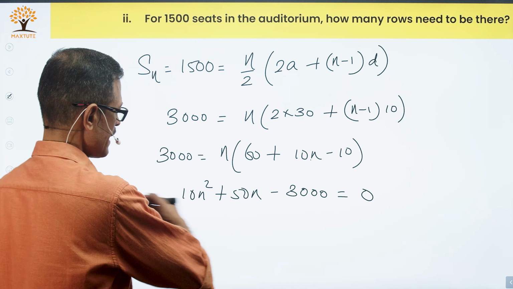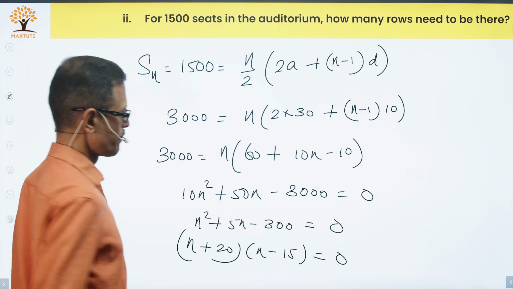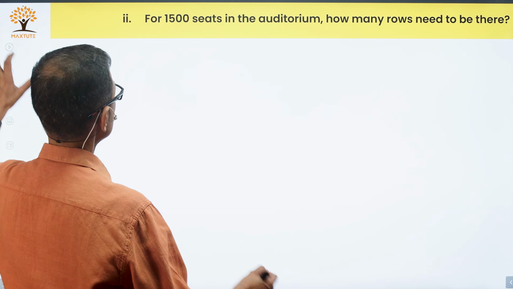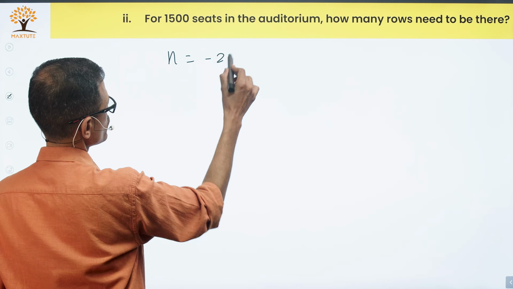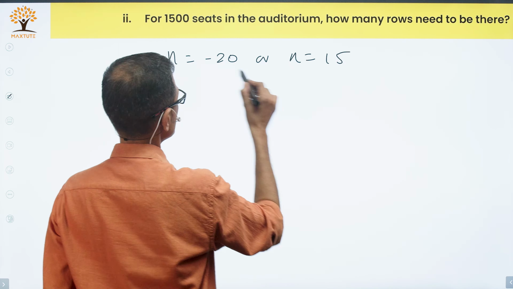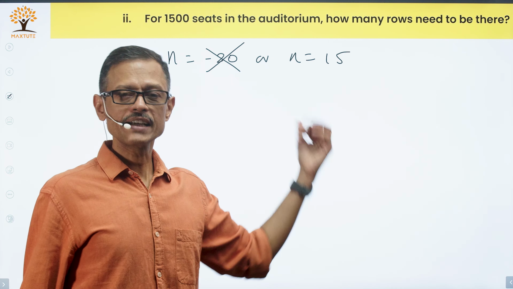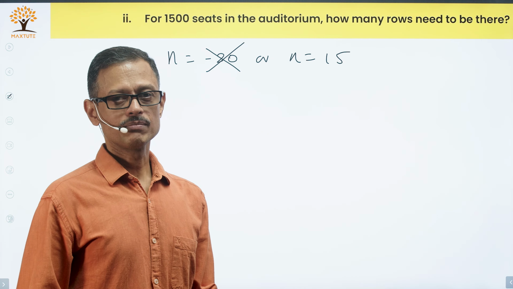So this will factorize as n plus 20 into n minus 15 is equal to 0. So n is equal to minus 20 or n is equal to 15. Number of rows cannot be negative, so n is equal to 15. So the total number of rows is 15. To have 1,500 seats, you need 15 rows in this auditorium.